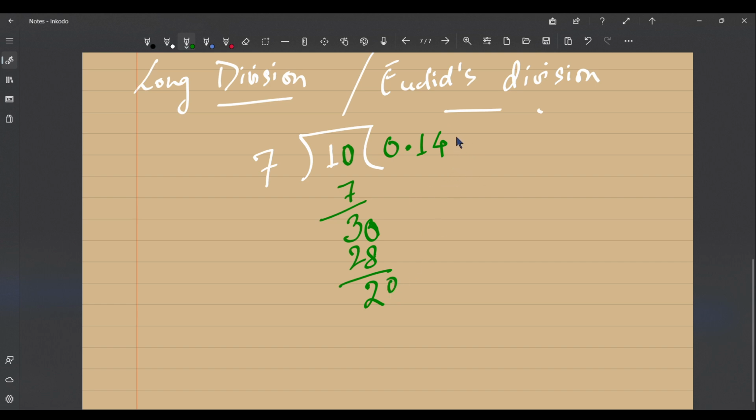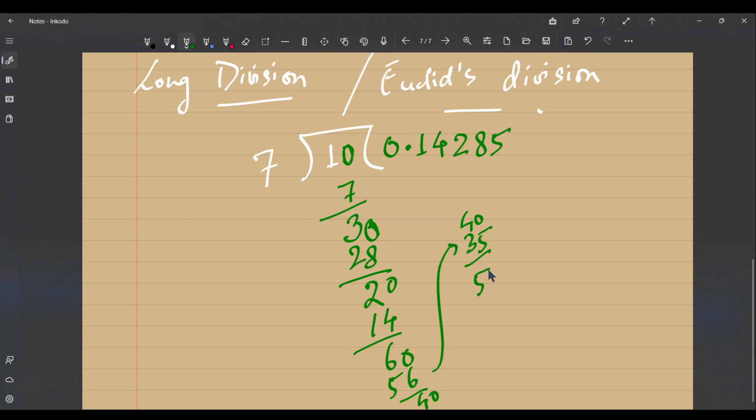So 1, 4, 2, 14, and I have 6, 0, and well, 7 8s are 56, 4, 0, and 7 5s are 35, and we have 5, 0.